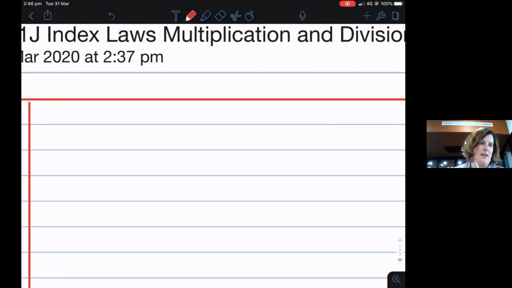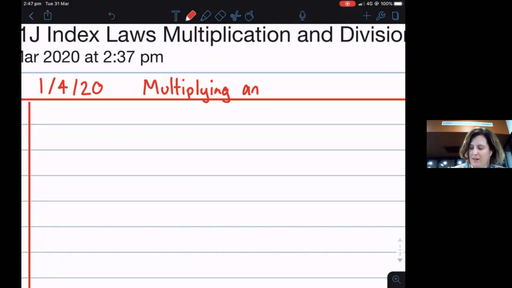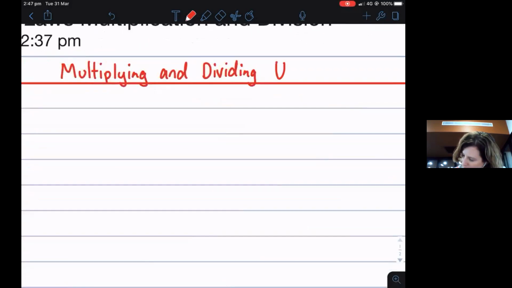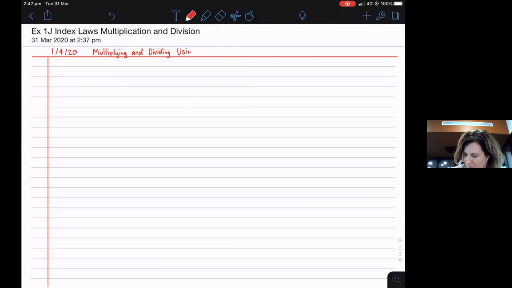Today's date for you guys will be the 1st of the 4th, 2020, multiplying and dividing using index laws. That's our heading. So the first subheading we're going to have is multiplying.